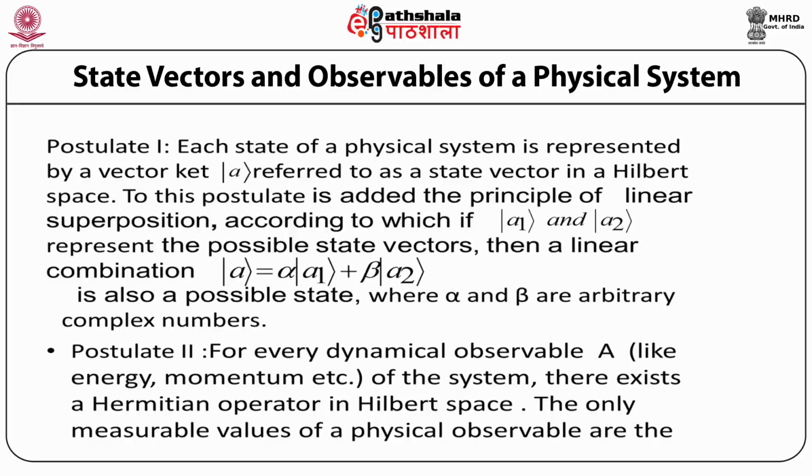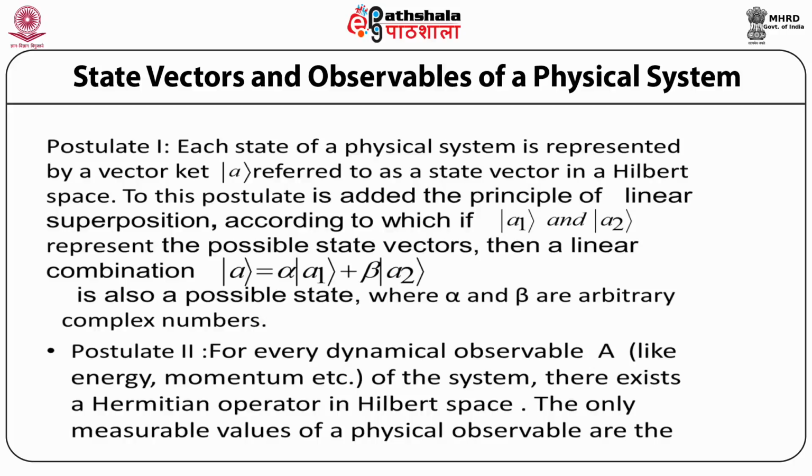So here we see that if we have two state vectors, then using a linear combination of these two state vectors, we can write another state vector, which also represents a possible state of the system. Now, let us come on to the second postulate.